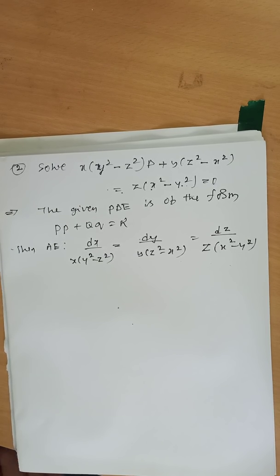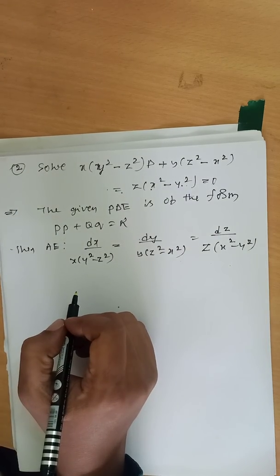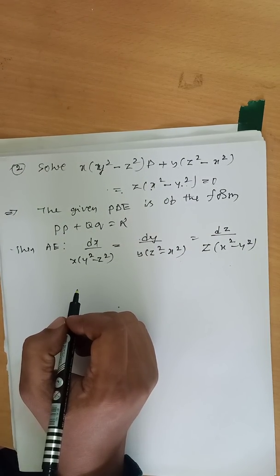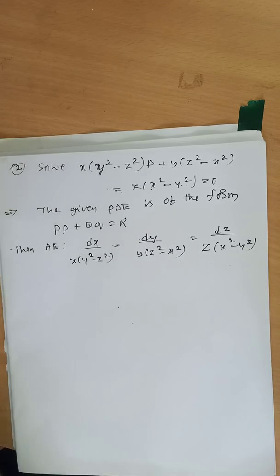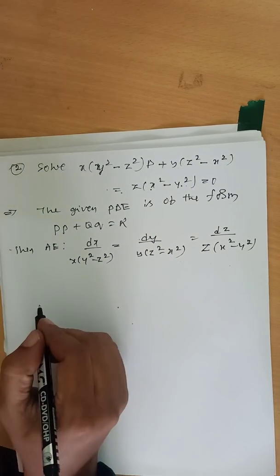See, what is the importance of choosing the multipliers? After constructing the auxiliary equation, each ratio must be equal to adding, multiplying multipliers and adding, so the denominator should be 0. That is our intention to choose the multipliers. Then on integration you will get the required solution.